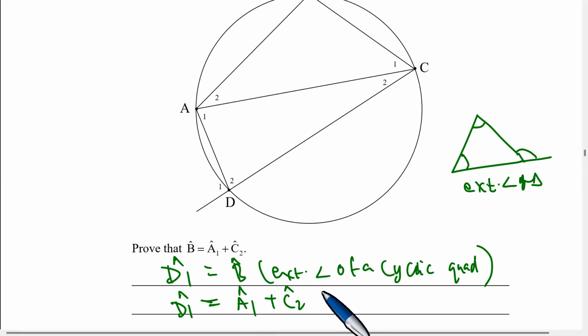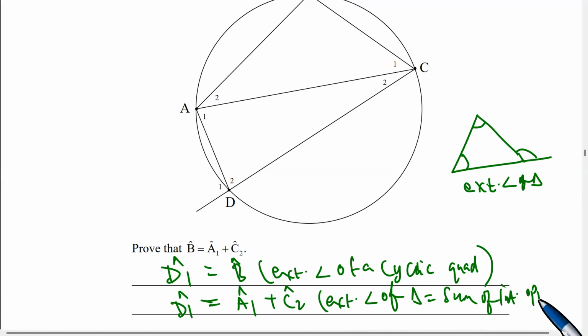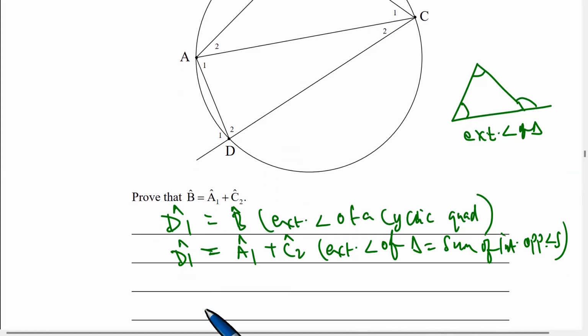The exterior angle of a triangle equals the sum of the interior opposite angles. So these two are both equal to B. And the conclusion, therefore, is that angle B is equal to A1 plus C2.